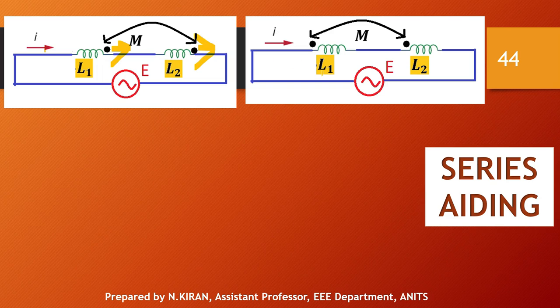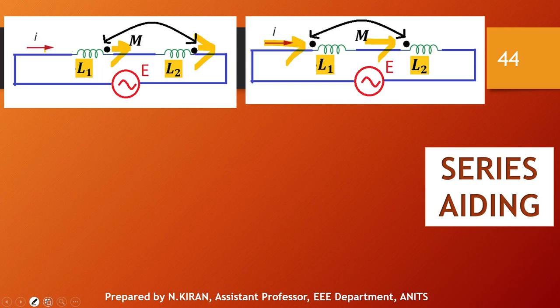In the second circuit, the current is entering at the dotted end in both the first coil as well as the second coil. So when the current in a series connection is either entering at both the dotted ends or leaving at both the dotted ends of the series connected coils, we consider that as series aiding.